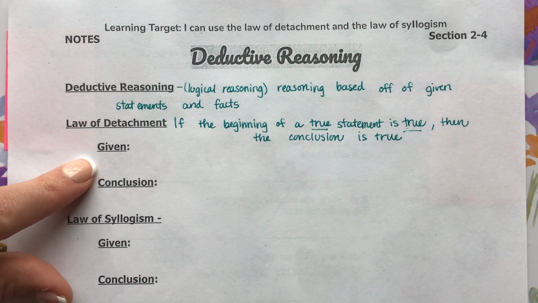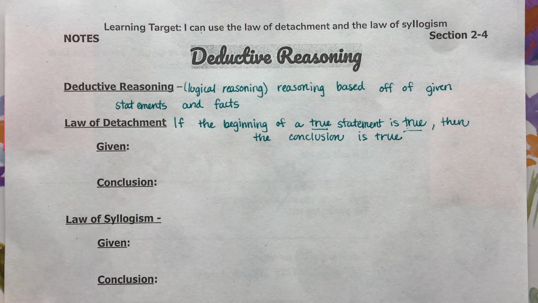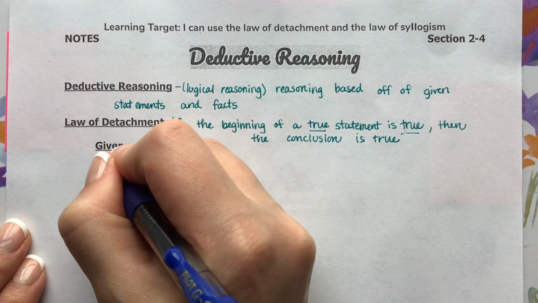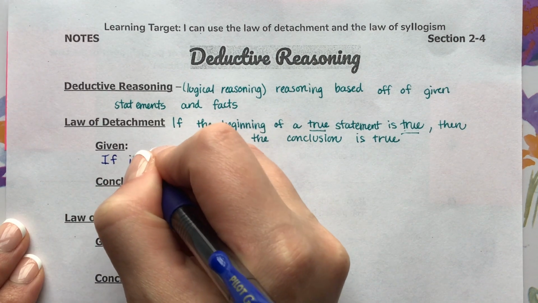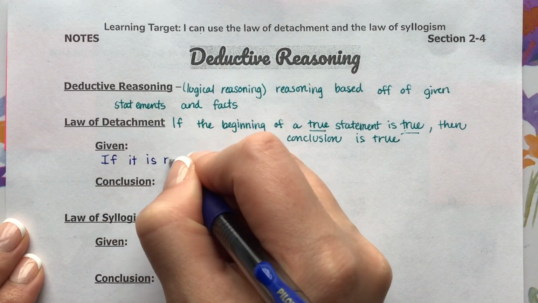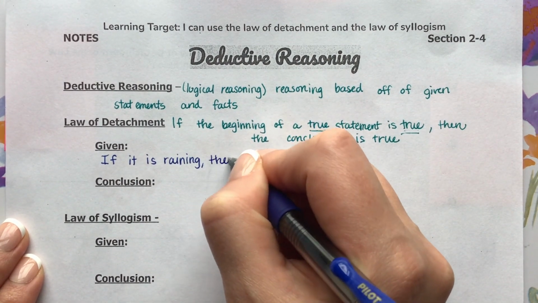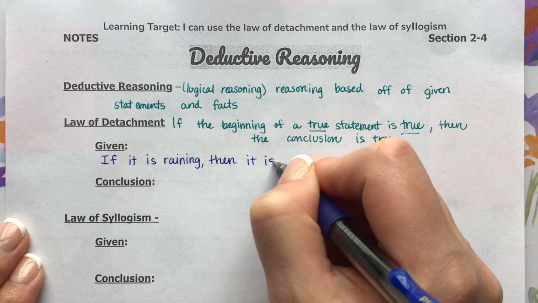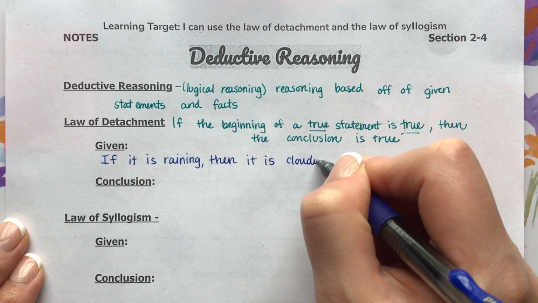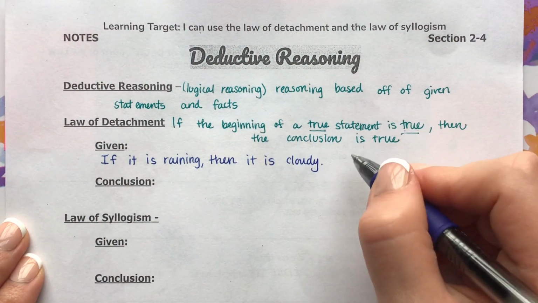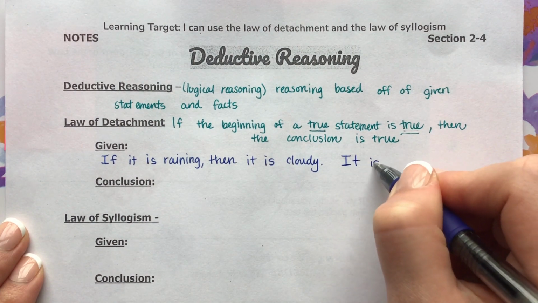So let's talk about an example. Here we have a given, and given just means this is what we know. So here's what we know in this example. If it is raining, then it is cloudy. We know this. We also know it is raining.